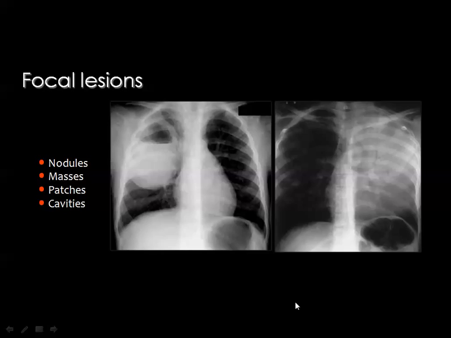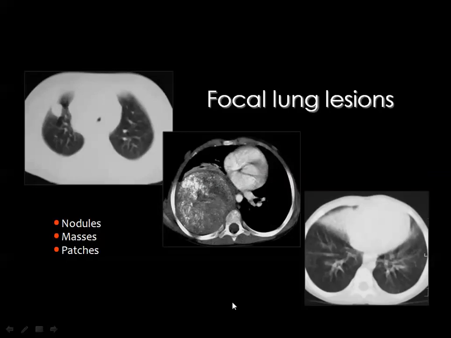And the patch is an ill-defined lesion with air bronchogram inside. And finally, the cavity, which is a well-defined lesion containing air either totally or partially. In this example, you see that the cavity is containing an air fluid level, and if the cavity is totally containing air, it is also known as a cavity.